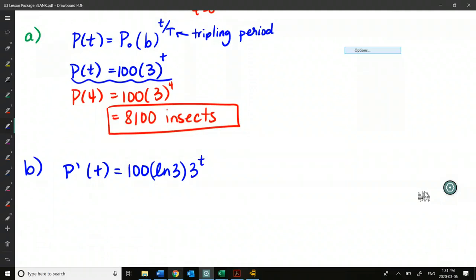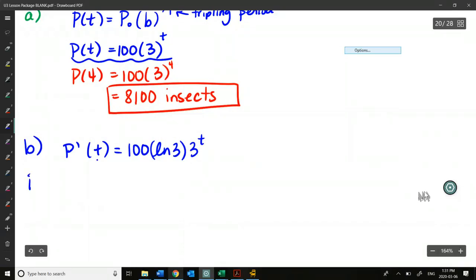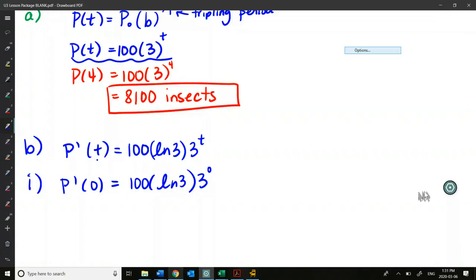We will evaluate that once we go to evaluate at 4 weeks, but we also want to be able to evaluate when time is 0, so we're not going to plug that in yet. Okay, so for the first one, we're evaluating the rate of change in insects when they're initially discovered. That's at time 0. Okay, we'll just do an approximation here.